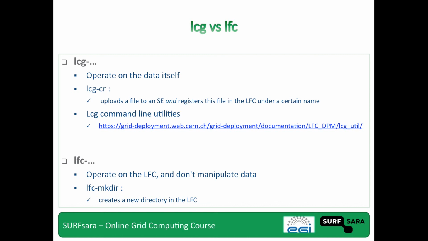For example, the lcg-cr command uploads a file to the SE and registers these files in the LFC under a certain name. So this command really does two things. It is taking care of the data transfer from wherever the data is located to the storage element, and once that's completed, it registers the file in the logical file catalog and makes the link between them.